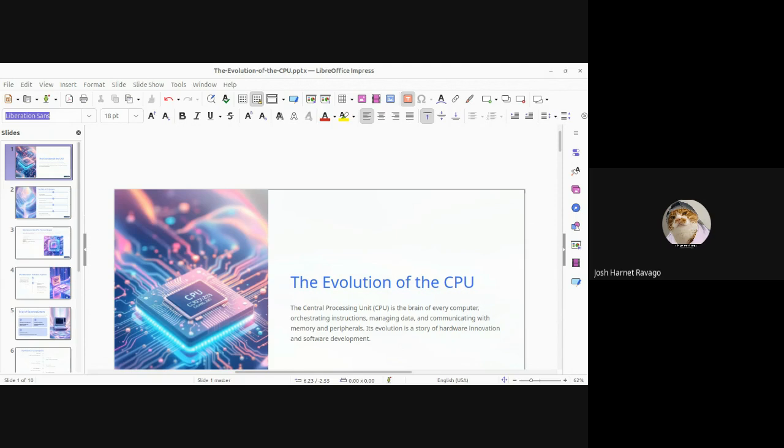Then the arithmetic logic unit, or ALU, is one of the important parts for computing, performing calculations and logical operations for each instruction, and for memory addressing and such.